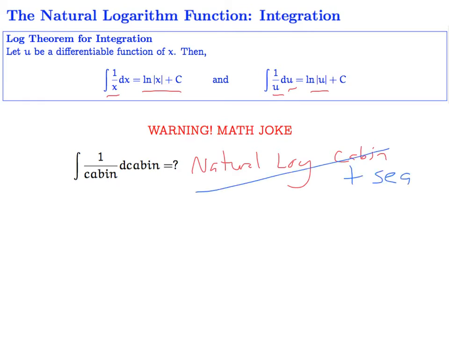So actually, the integral of 1 over cabin d cabin is a houseboat, because it's a natural log cabin plus the c. Okay, I promise no more jokes for the rest of the semester. I actually don't think I can keep that promise, I'm sorry, but no more. I won't repeat this joke, at least for the rest of the semester.